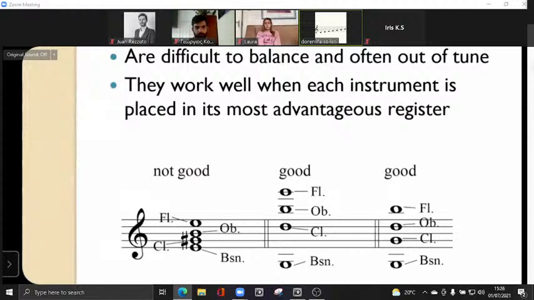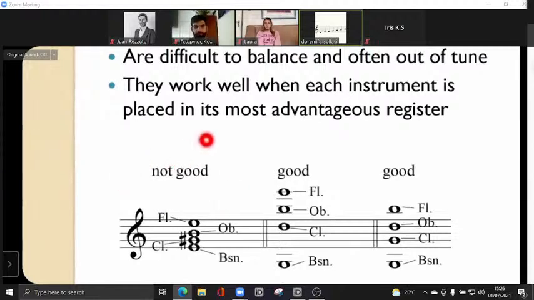The first one says not good, because the bassoon is at the bottom of the chord, but is playing in a very high register. This note, the E4, is a high note for the bassoon, so that is not balanced.